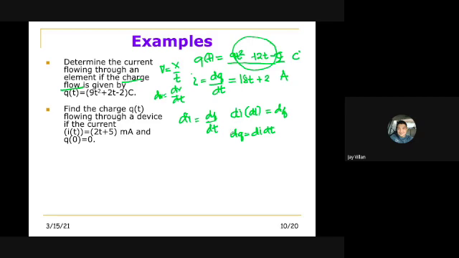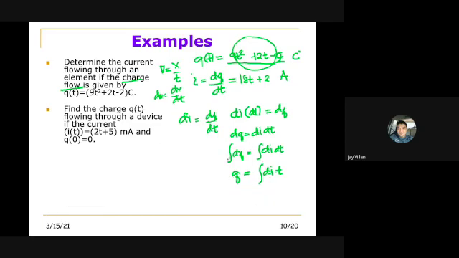If we get the integral of both sides of the equation, the integral of dq is equal to the integral of I dt. So q is equal to the integral of I dt.